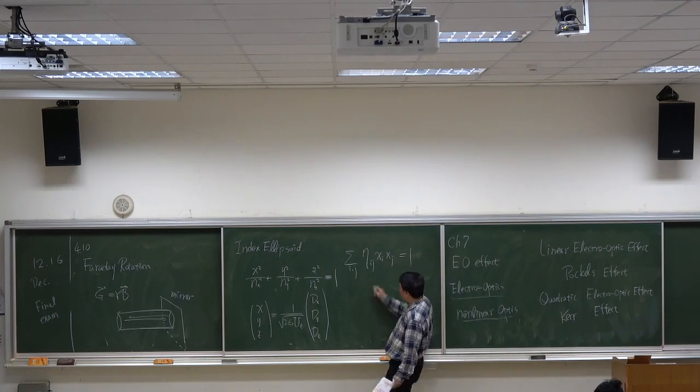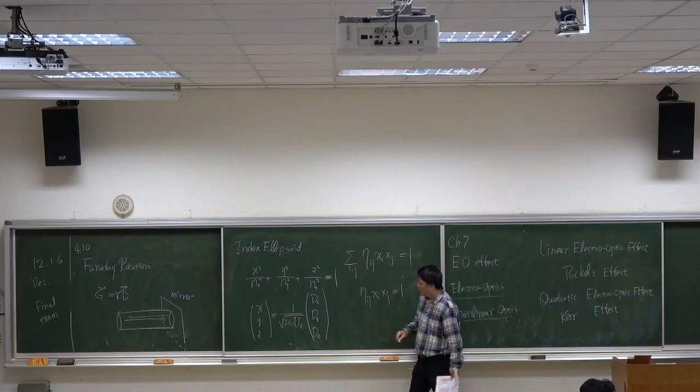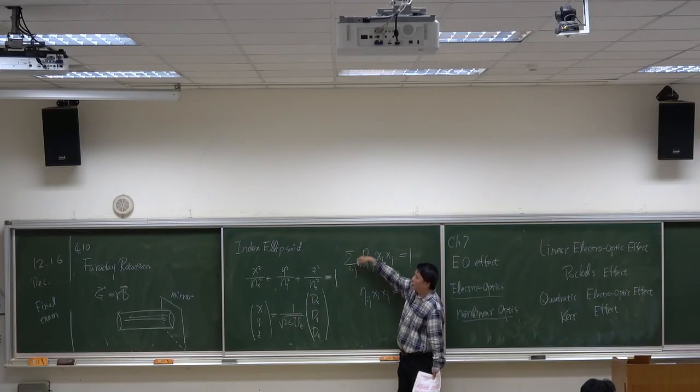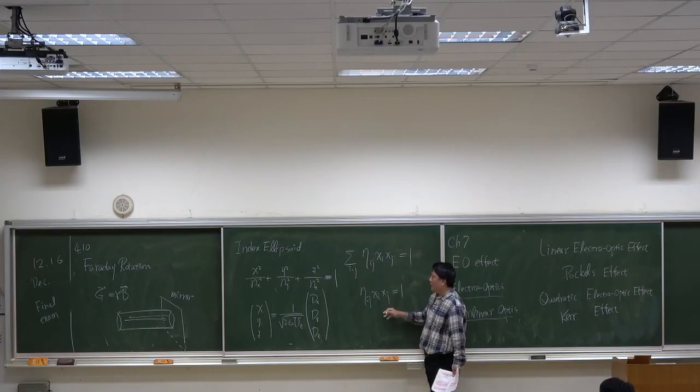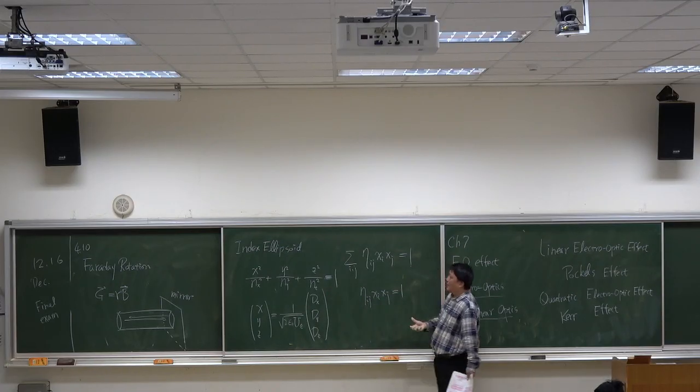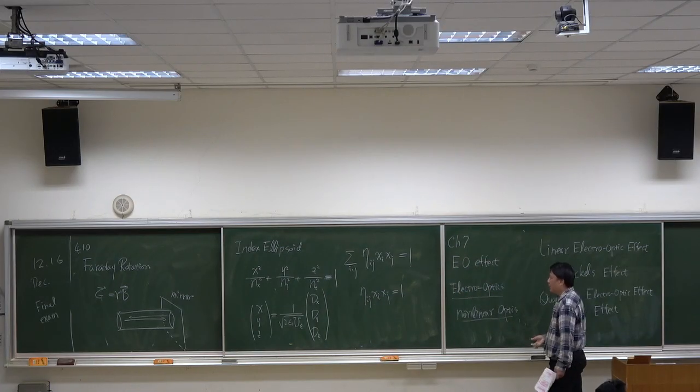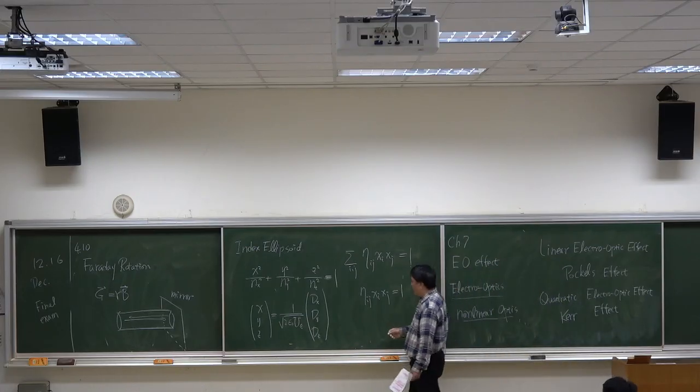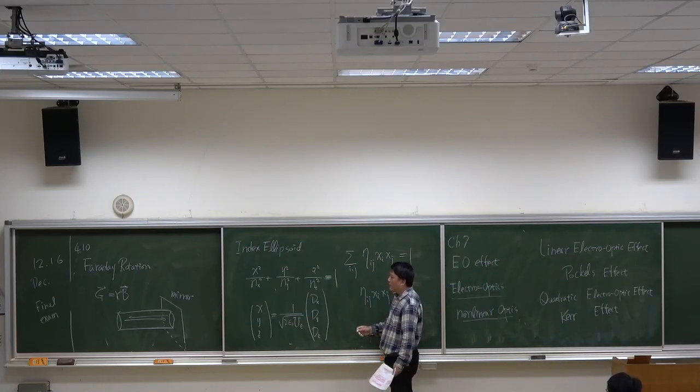Okay. 你也可以用这个爱因斯坦 convention 把这个符号省略掉，直接写成这样。Use the Einstein convention, we can ignore this summation notation and just write the result like this. And this is just this equation in arbitrary coordinate system. Okay. So now we discuss what is the influence of the applied electric field.